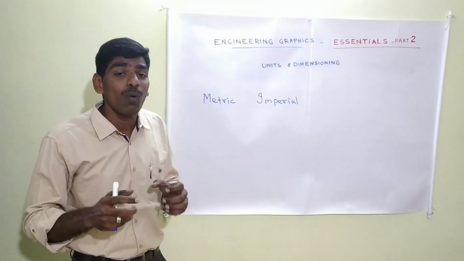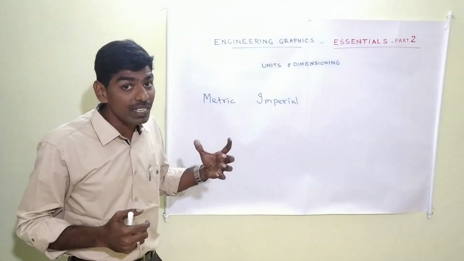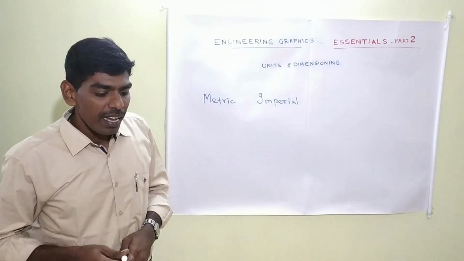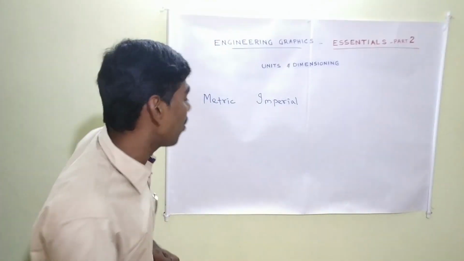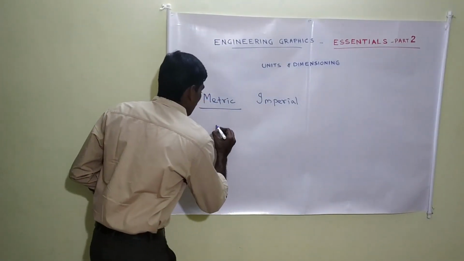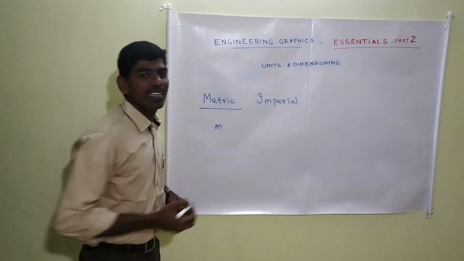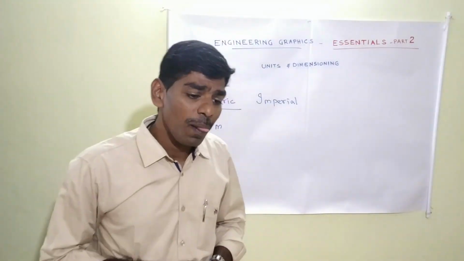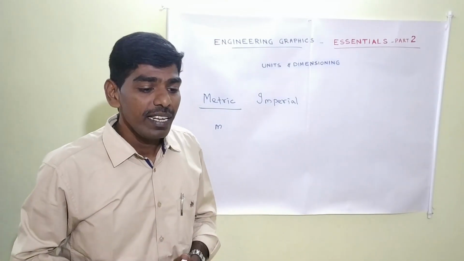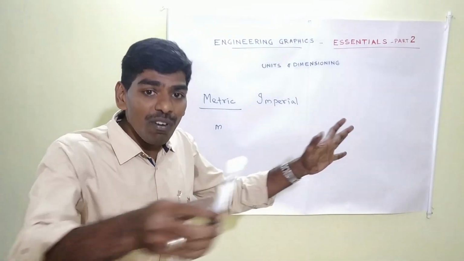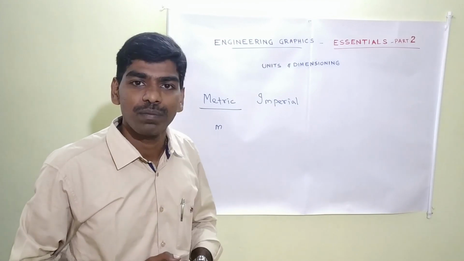So we need to be specific what kind of units we are to use. SI units suggest that we need to follow metric. So let us consider we are following metric. But we have to be familiar with the other things as well, because not everyone follows the metric system.